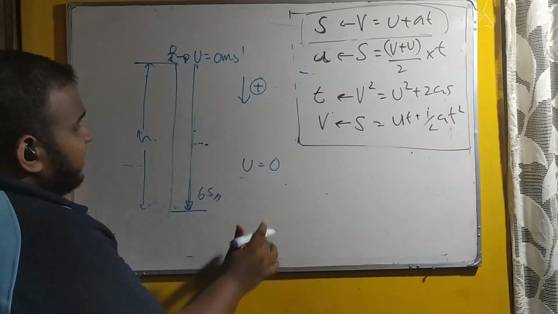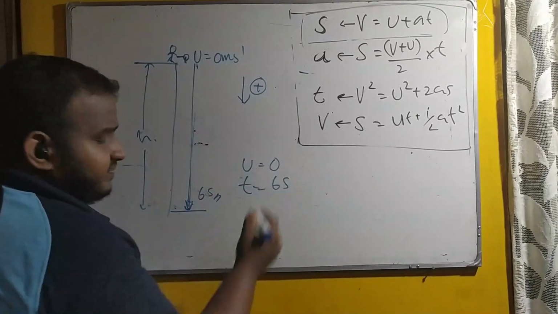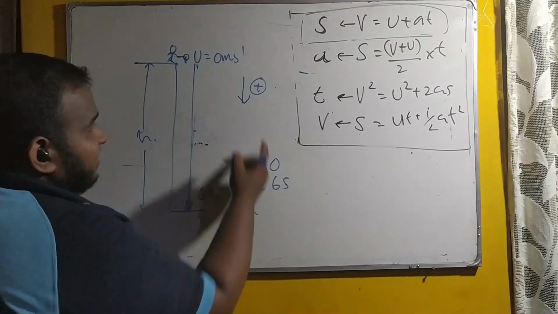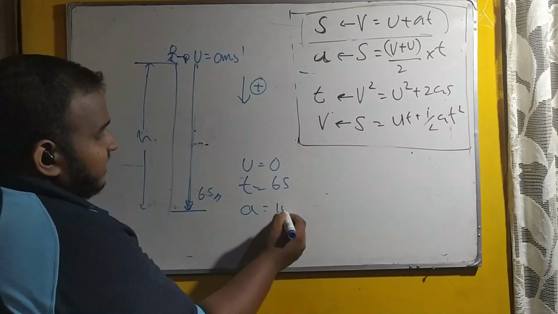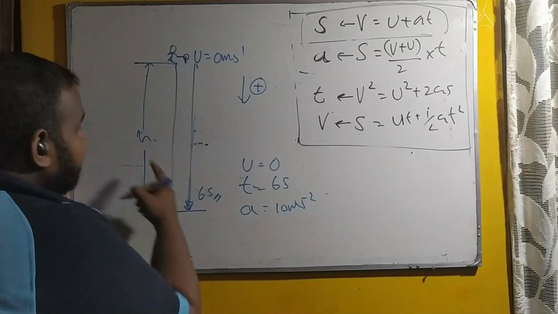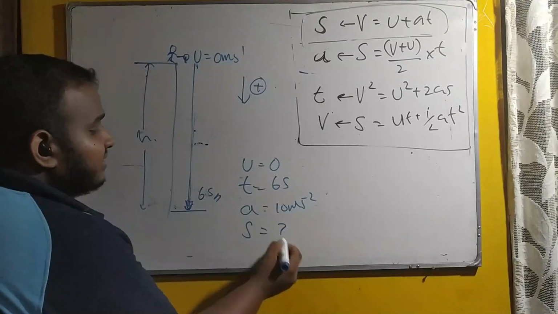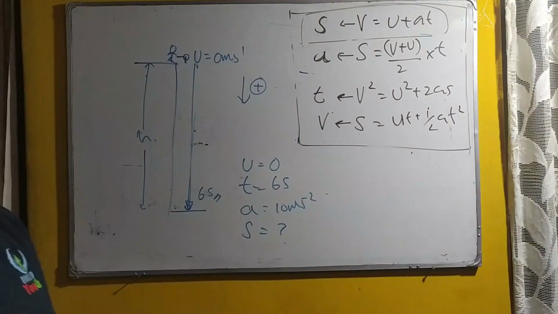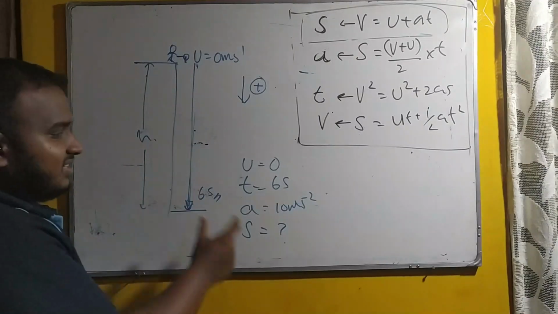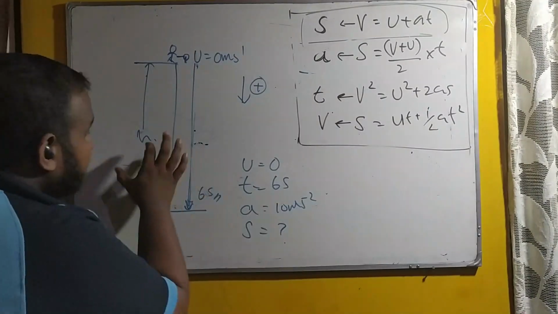The time taken is 6 seconds. But the acceleration is happening under gravity, therefore it is 10 meters second minus 2. And the height is the displacement. They have asked you the height, so that is the displacement.